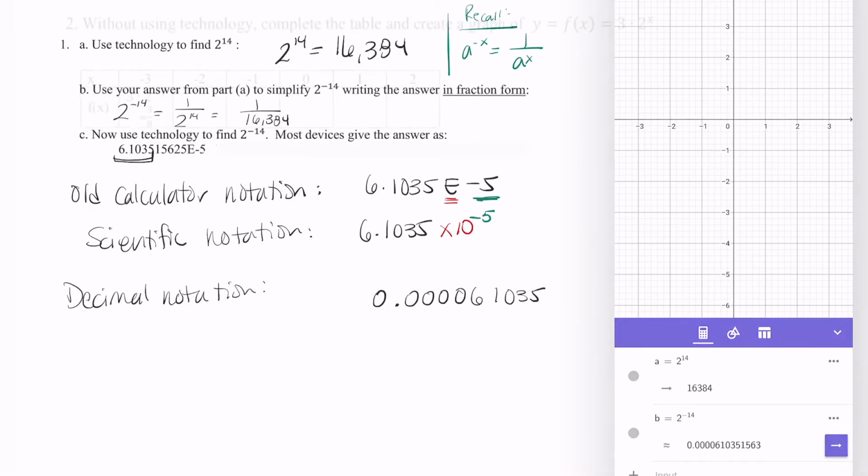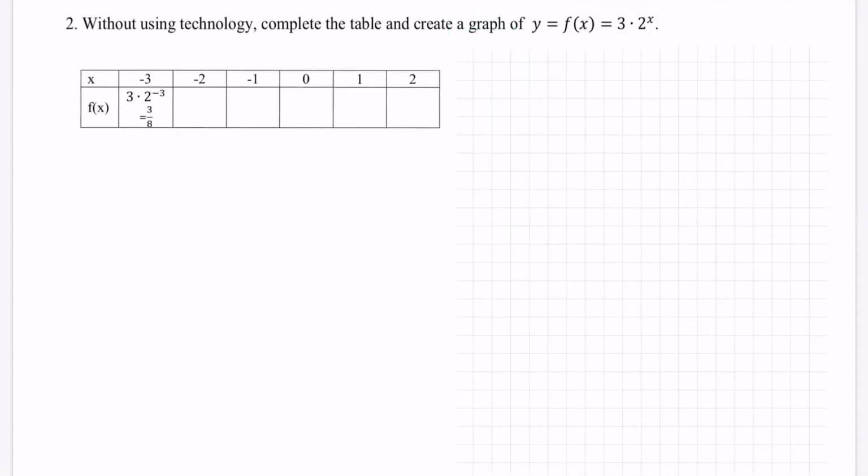Let's continue. Problem 2. Without technology, complete the table and create a graph for f of x equals 3 times 2 to the x power. They started the first example for you. What the original author of this document computed here is f evaluated at x equals negative 3.